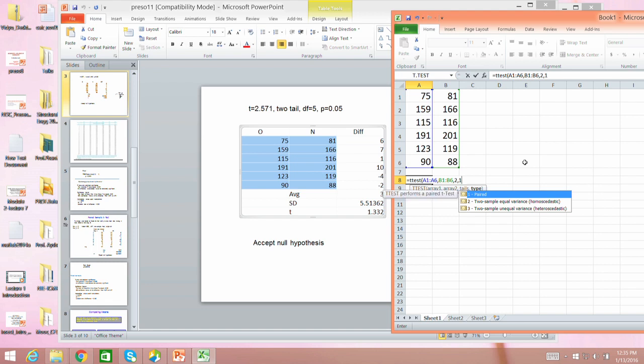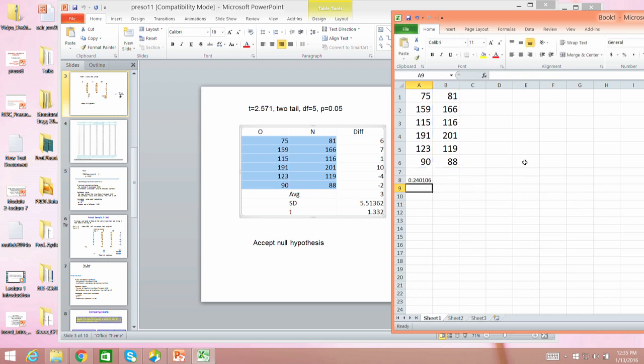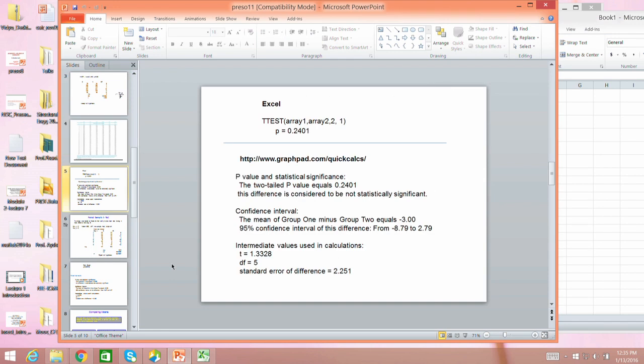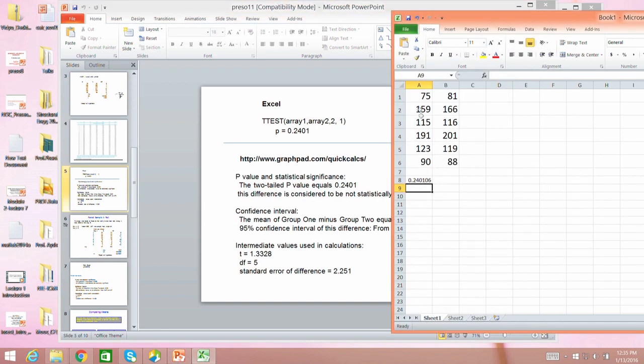So, we do a 1 here, okay, paired t test, so 1 here, so we get 0.24. So, here we accept the null hypothesis, okay. Do you understand this? So, we use 1 for paired t test, 2 and 3 for 2 sample t test.